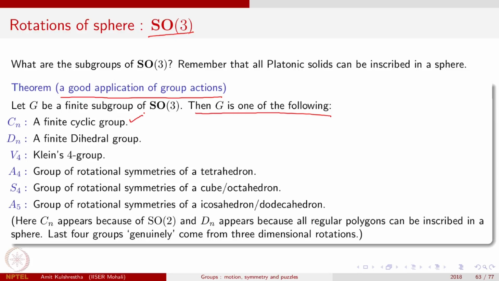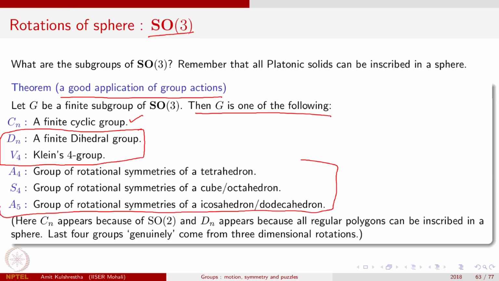It could be a finite cyclic group, finite dihedral group, Klein's 4 group, or these three things which are coming from platonic solids. And this we have already observed, this also we have observed. So this we have to observe today.